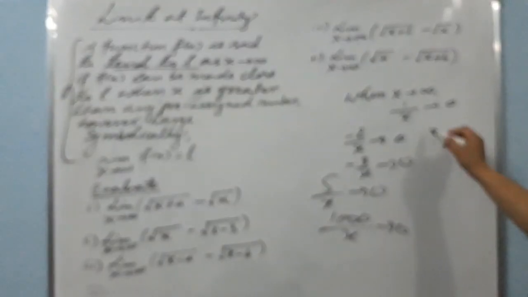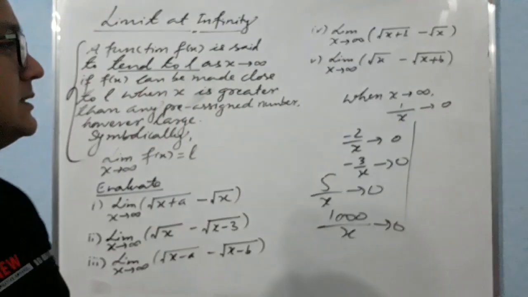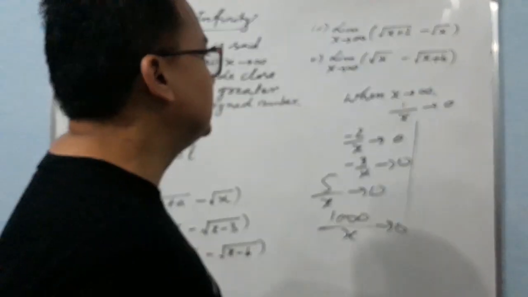And see here, if we write 0 upon x, this is already 0, so no problem. The numerator is a real number except 0.